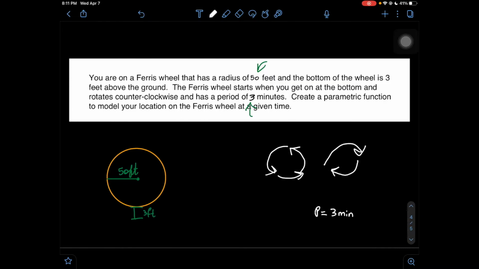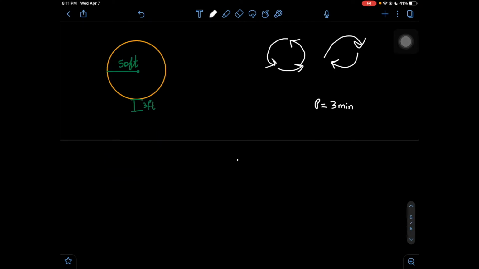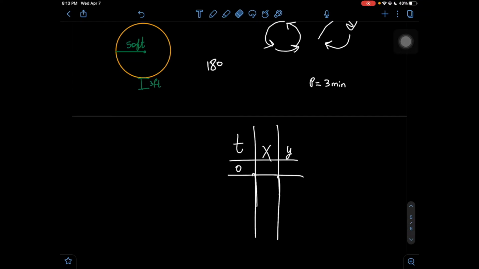Well, again, we're going to make a table of our 3 variables, as you should know by now, which are t, x, and y. Let's go ahead and write that down here. We have t in our first column, then x, then y. For our t, we want to divide 180 by 4, and we know our first point is going to be 0, so we're going to have a total of 5 t values, first being 0.